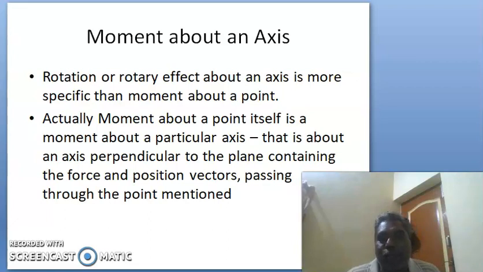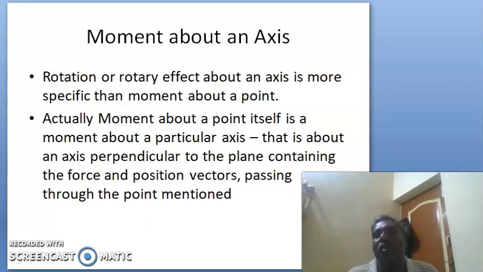So by default it finds out which axis it is going to rotate about, but what we refer to here is any random axis.